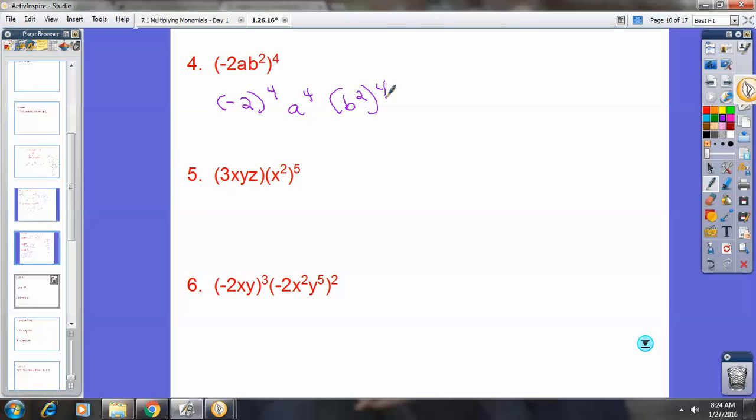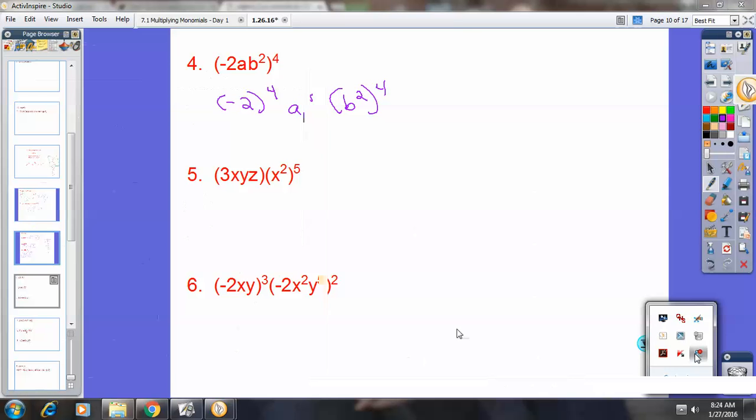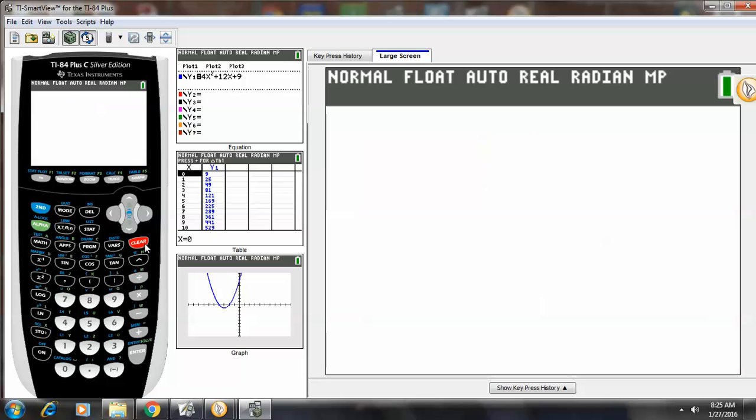On your calculator, type in parentheses, negative 2, close parentheses, caret, that's the up arrow right above the division sign, 4.